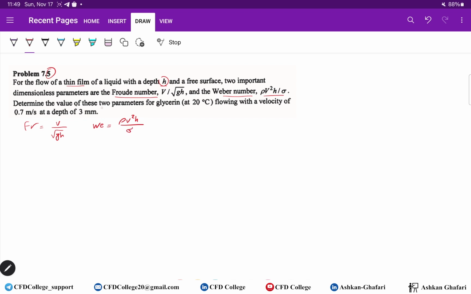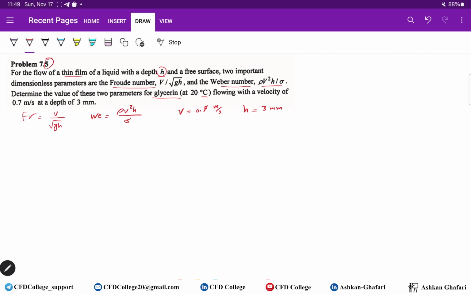Determine the value of these two dimensionless groups for glycerin at 20 degrees centigrade, flowing with a velocity of 0.7 meters per second at a depth of 3 millimeters. So h is 3 millimeters.